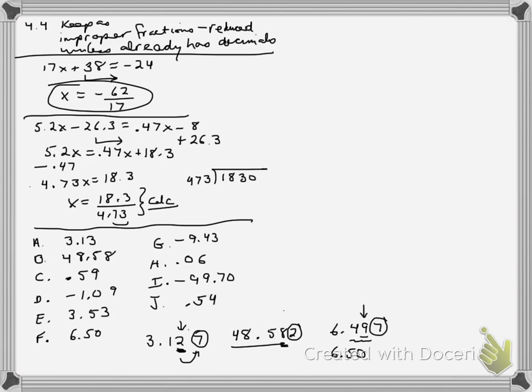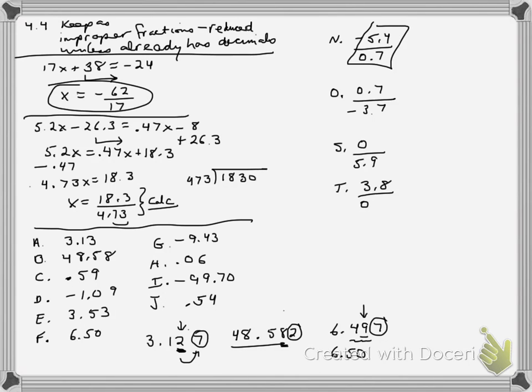Then I'd like to look at a few divisions here. We're going to look at N. Some very simple review. The directions for this section are use the calculator to find it. So what am I looking for then? I just want to demonstrate the fact that when I'm using my calculator, all I'm going to plug in is 5.4 divided by 0.7, and my answer will be negative.